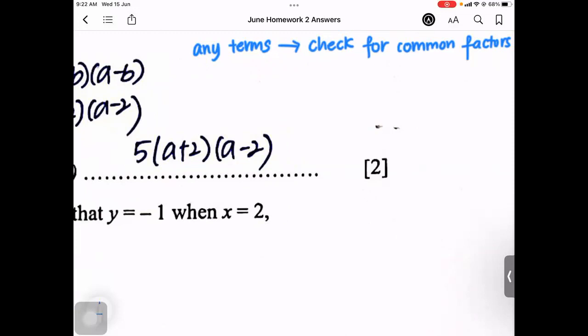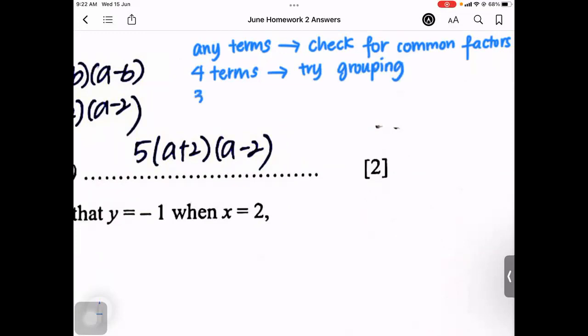Then for questions with expressions that are usually on 4 terms, usually this kind we can try to do by grouping. We break it up into 2 groups of 2 to see whether there are any common groups that we can group up.